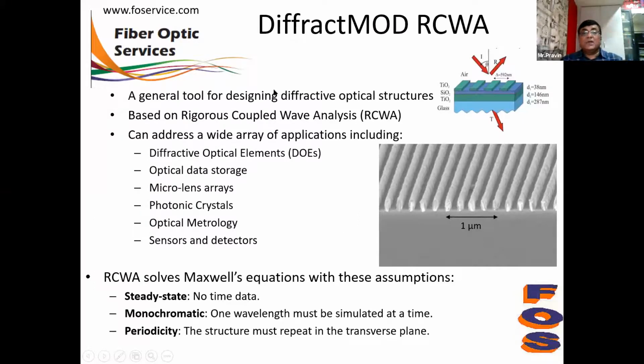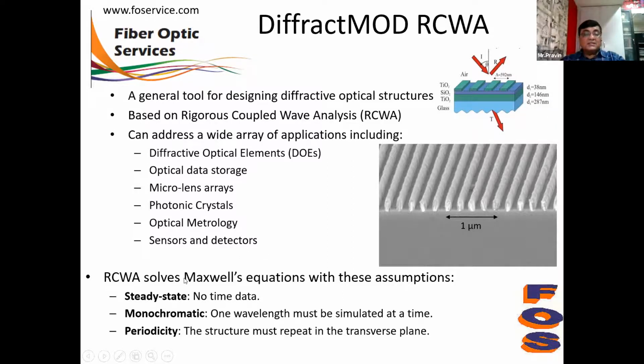Let's move on to the next method. That's DiffractMODE, which is based on rigorous coupled wave analysis. It is used for diffractive optical elements, for data storage, for microlens arrays, for photonic crystals, and optical metrology, sensors and detectors.